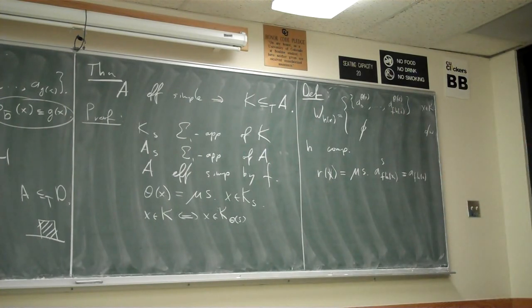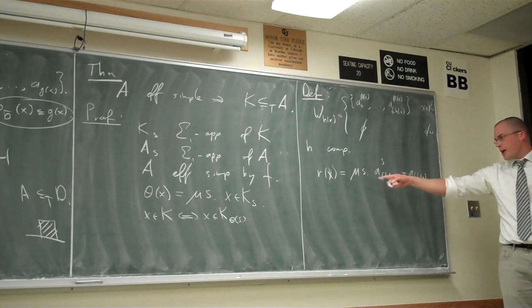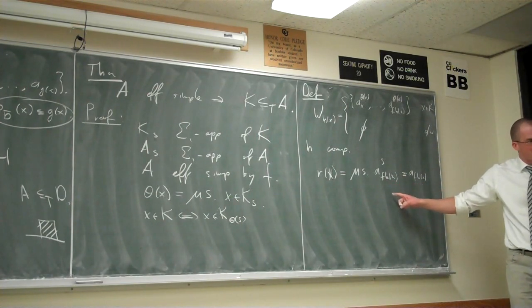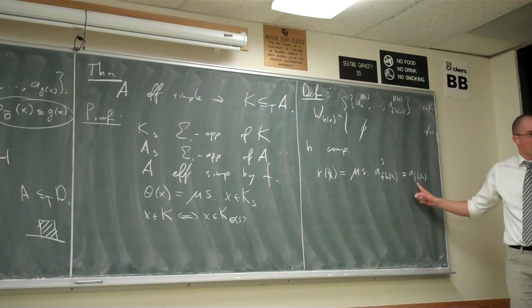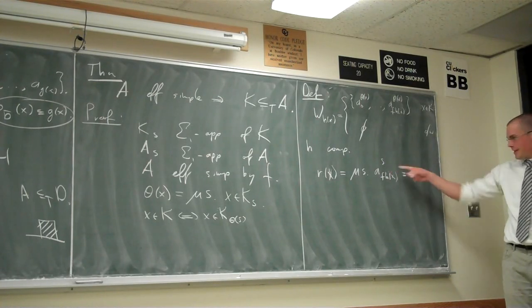What is this saying? Look for the least stage s such that the first f(h(x)) plus 1 elements enumerated into A at that stage correspond to the first f(h(x)) plus 1 elements enumerated into A at all.